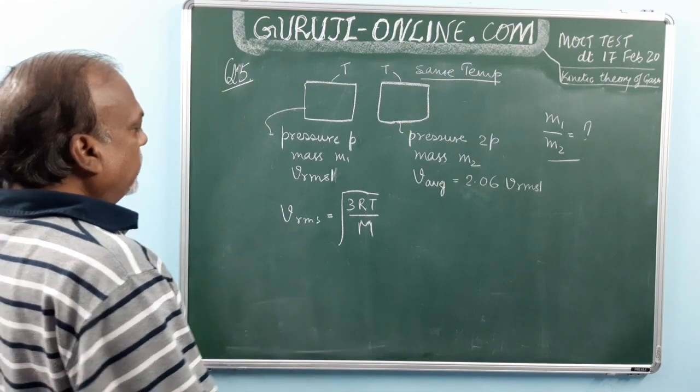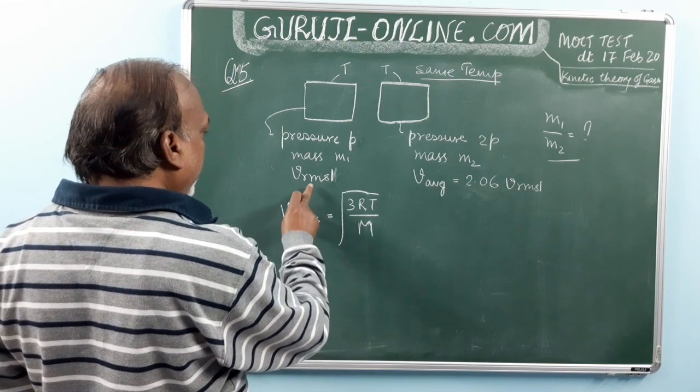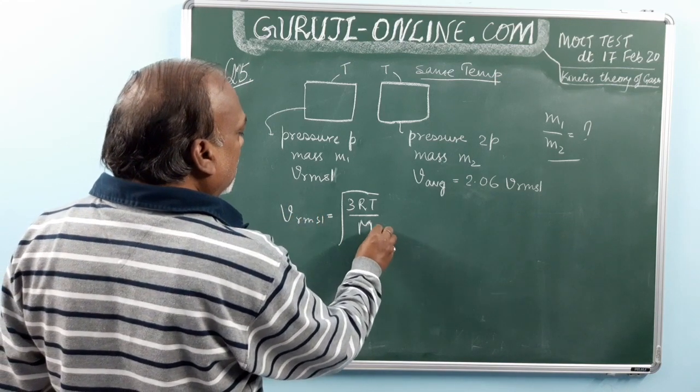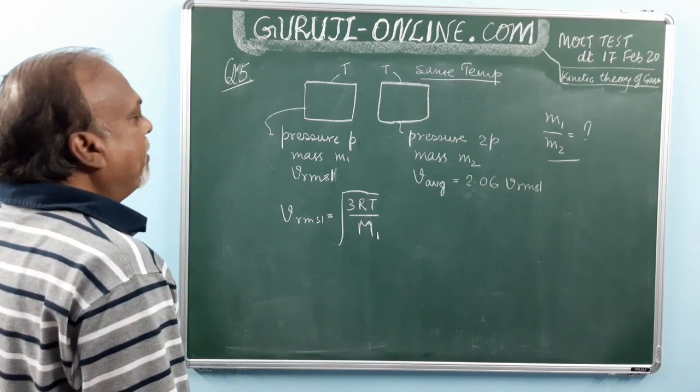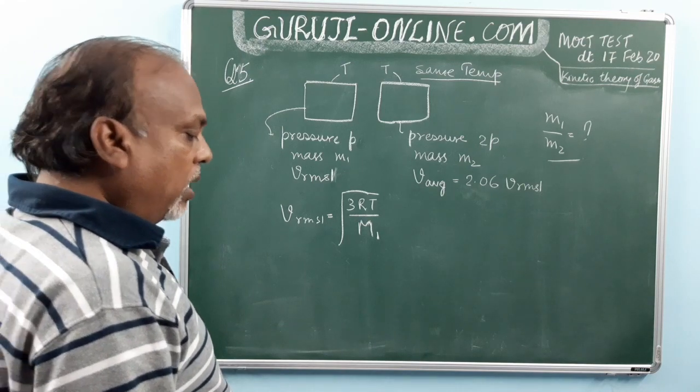So in this case, Vrms 1 will be this, with all other things equal.